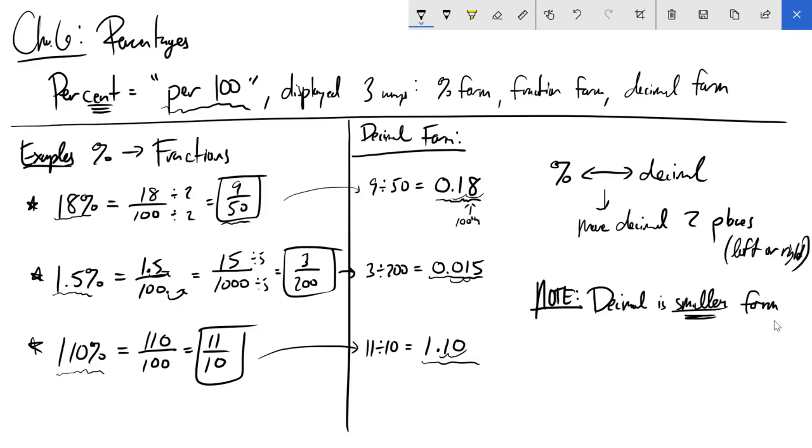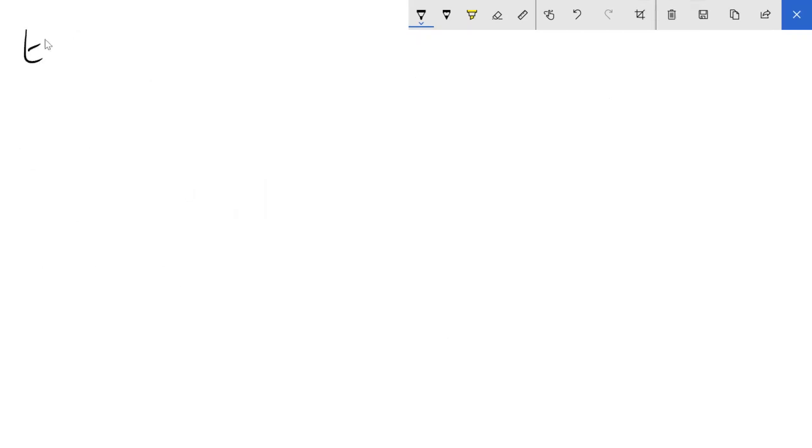Let me show you some examples. Let's convert 2.8% to a decimal. I know I need to move it two place values. Should I go left or right?